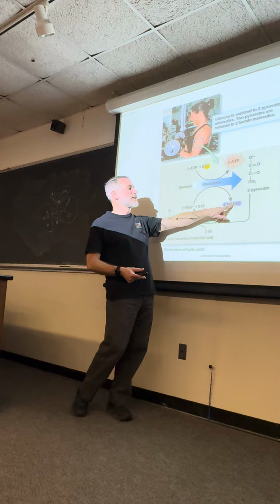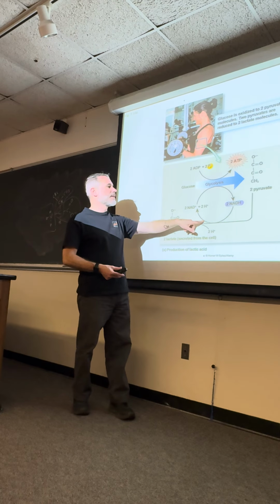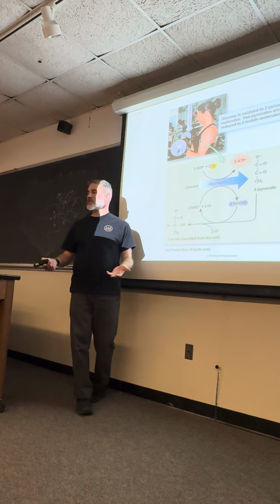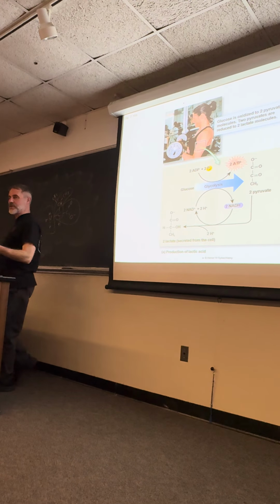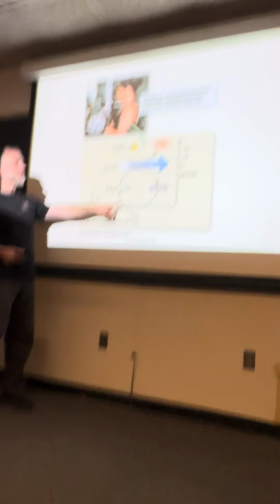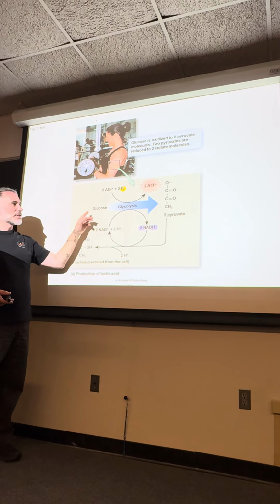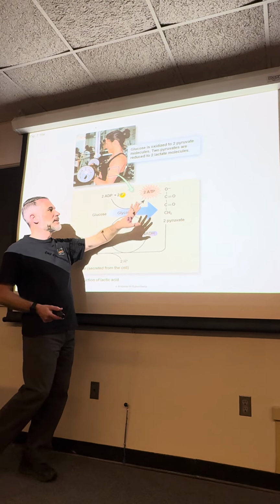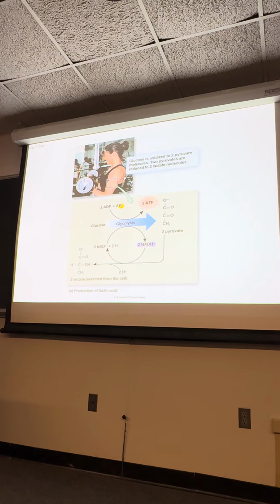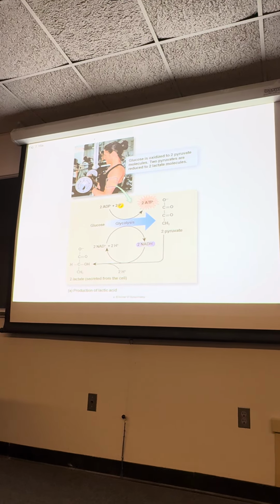So instead, the NADH donates electrons back to pyruvate to form lactic acid. The lactic acid eventually is carried out of your cells, and you get back to your normal homeostasis. And then the NADH gets recycled and used again. So this process is not sufficient to be all the energy that you need, but it is sufficient to get you through immediate needs.